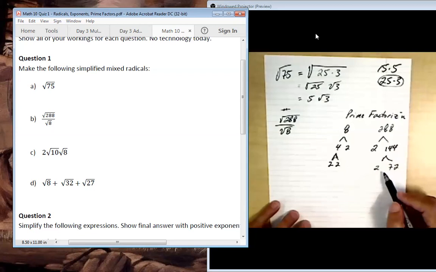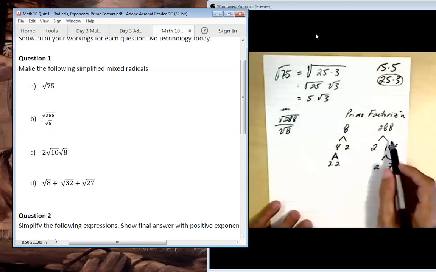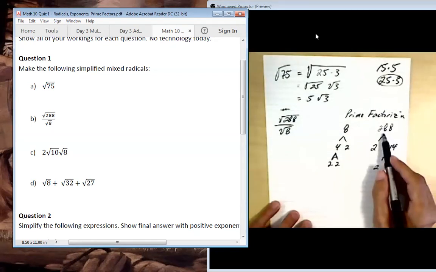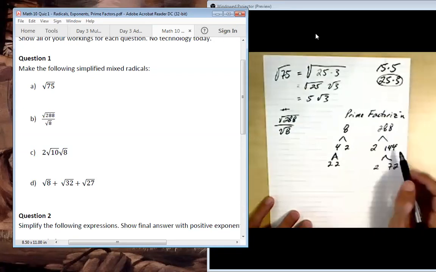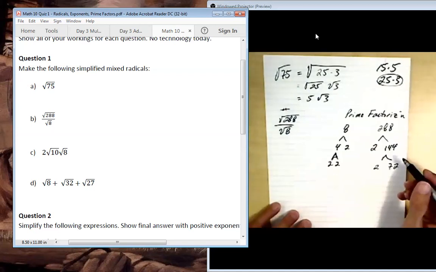Ah, so from class, we got a question: how do you know which numbers? Well, that comes from knowing some, so you can think of it as multiplying. So 2 times what gives you 288?